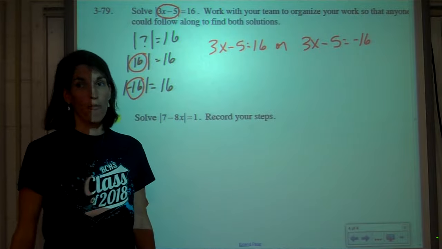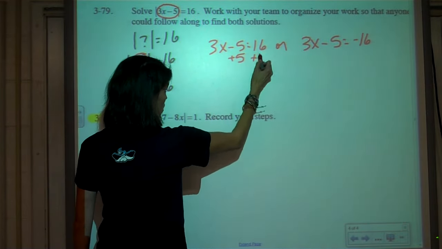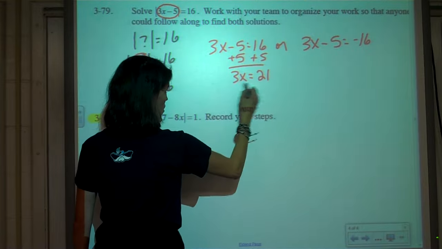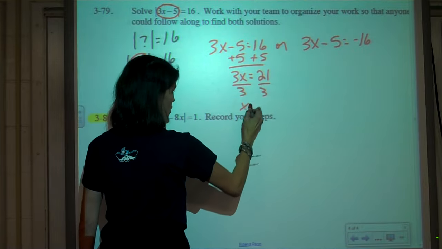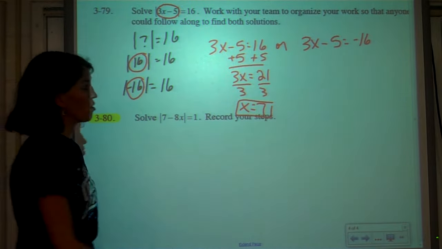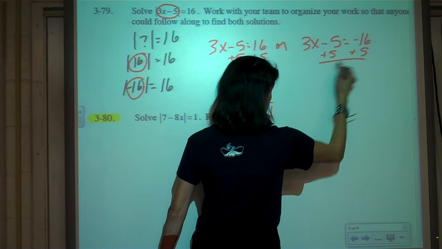Hopefully you can solve a 2-step equation. Add 5 to both sides. There's your 7, which a lot of you got from guess and check. There's another solution. This is a 2-step equation. You add a 5 to solve.